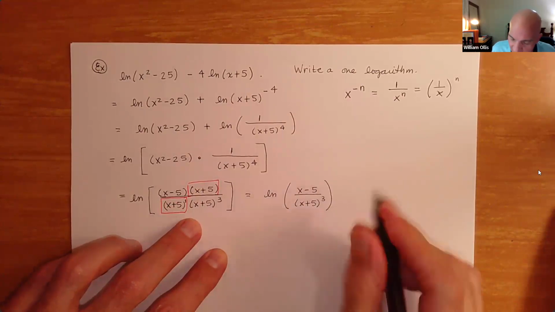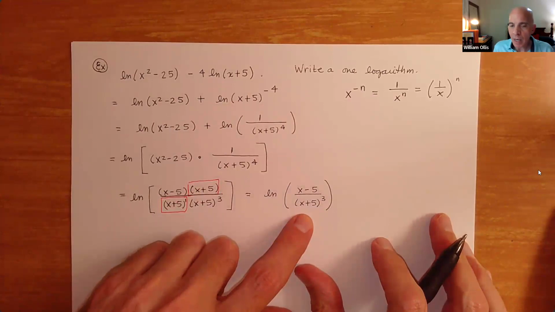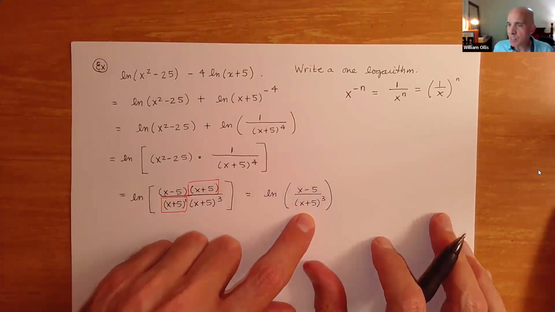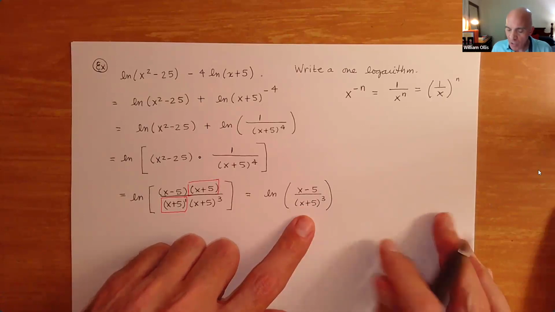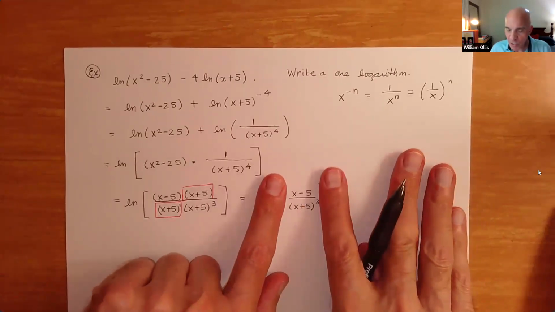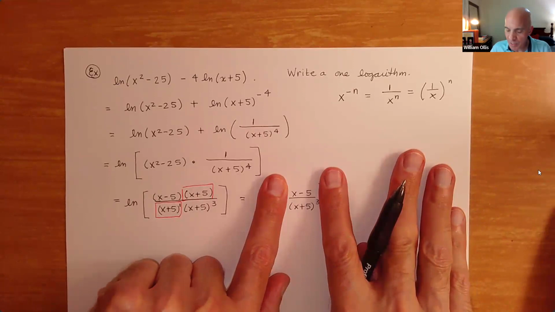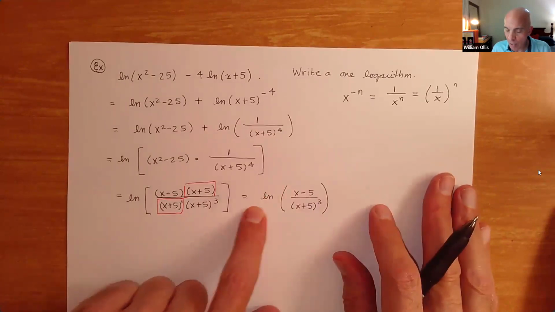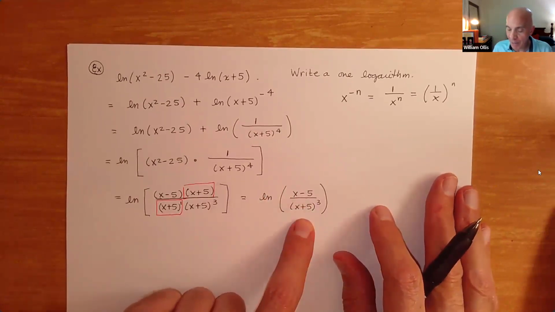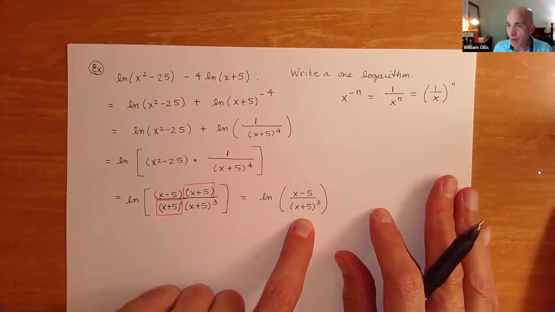Now, one thing you notice when you're doing online homework, the use of the parentheses is greatly enhanced due to the argument of the logarithm. But if you're writing, you can sometimes relax the notation and just get rid of the outer parentheses and know you're taking the natural log of x minus 5 divided by x plus 5 raised to the 3rd power.